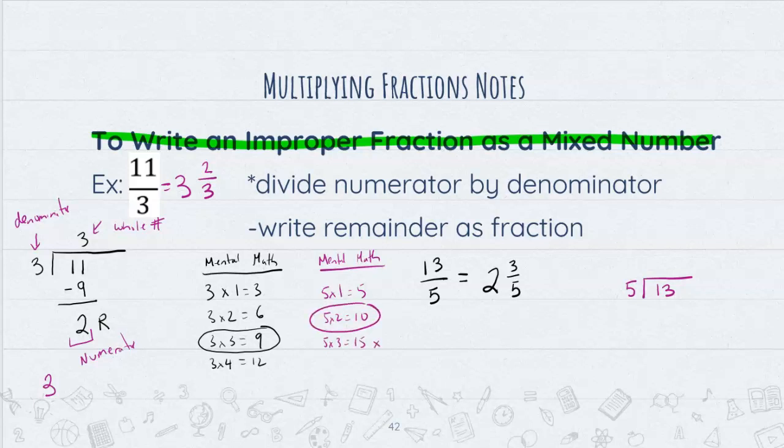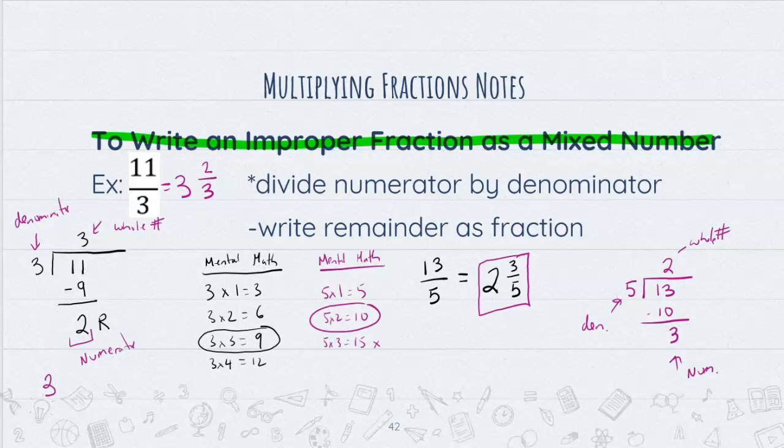I'm going to use 5 times 2. So this will give me 10. I'm going to subtract, and I get a remainder of 3. So remember, this is your whole number. This is your numerator. And then the 5 is your denominator. So we get 2 3/5.